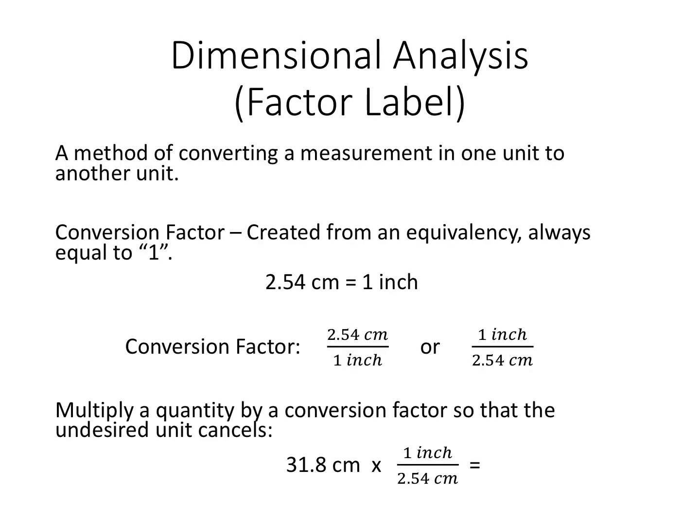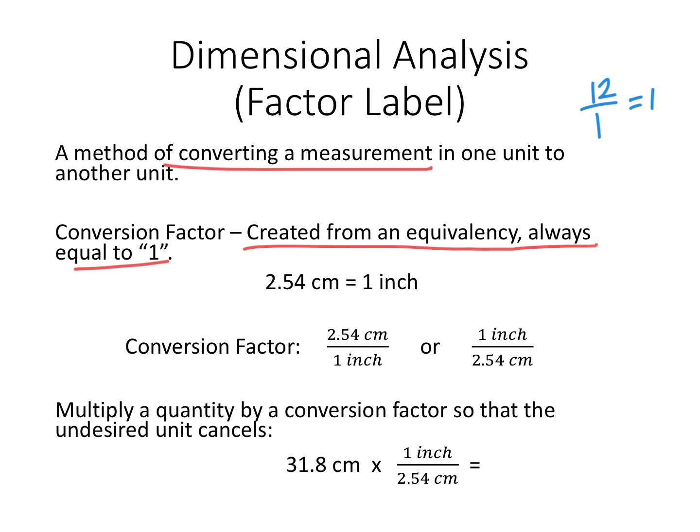Okay, so dimensional analysis, or factor label, is a method of converting a measurement in one unit to another unit. So it uses a conversion factor, which is created from an equivalency that's equal to 1. So just for a second, let's imagine this fraction, 1 over 1. And we know 1 over 1 is equal to 1.